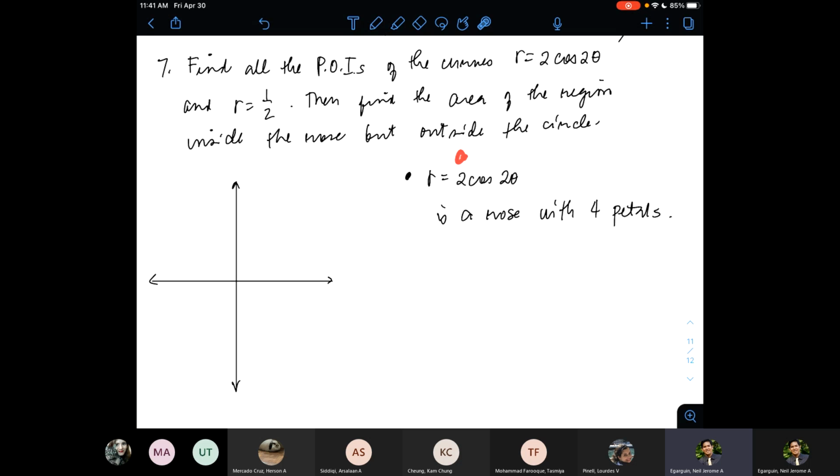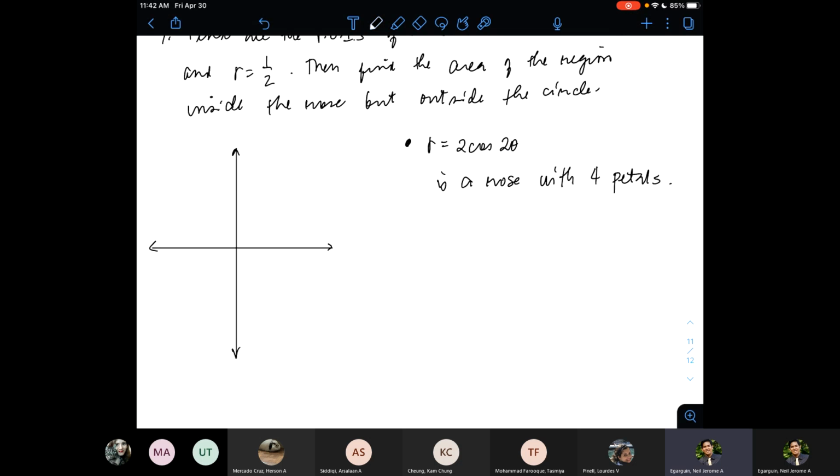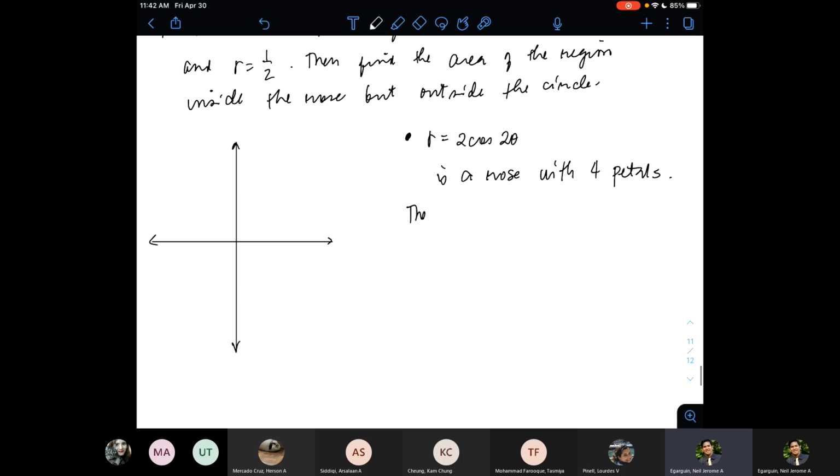Because here you have cosine n theta, n is equal to 2, which is even. So whenever you have an even n, you need to multiply that by 2 to get the number of petals. So this is a rose with 4 petals, right? And then the base of the petals occur at the pole.